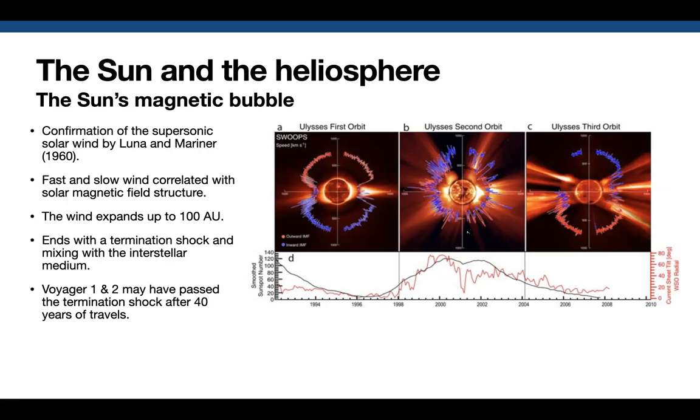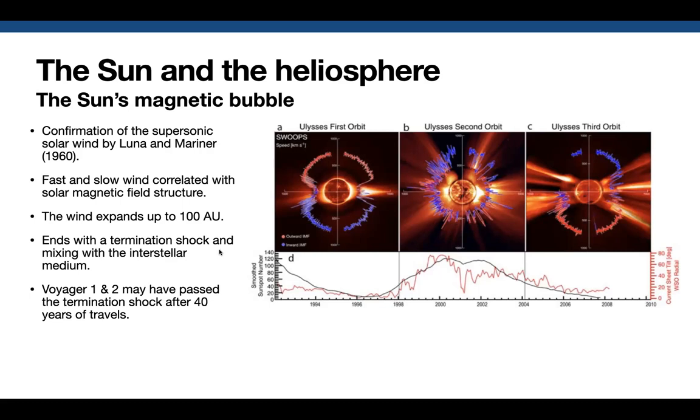Then at maximum, we essentially have a closed field structure all over the place, and we have fast wind and slow wind all over the place equally. Then we have the Ulysses third orbit with the reversal of the cycle, and we come back to the bipolar structure of slow and fast wind at the poles and at the equator.